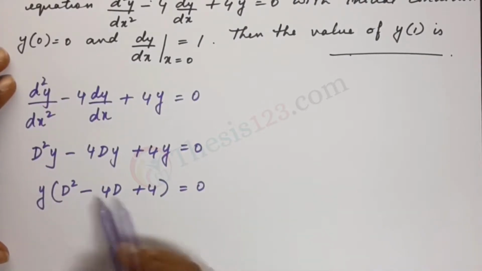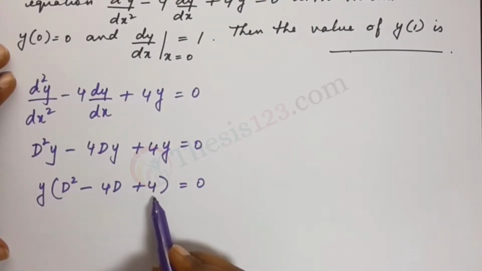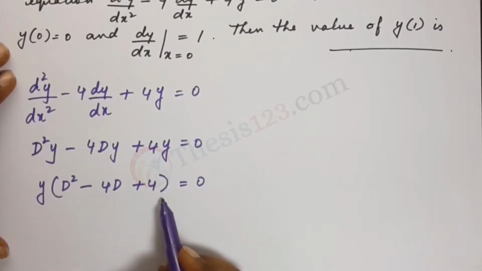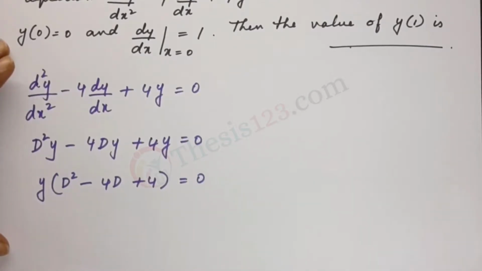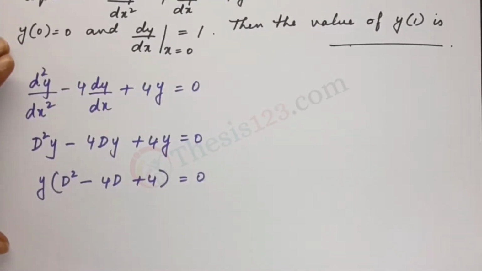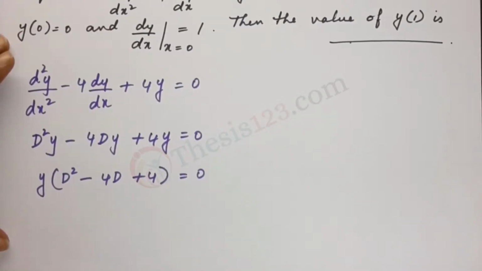We find the values of d from this equation, so we can use just the normal factoring methods.